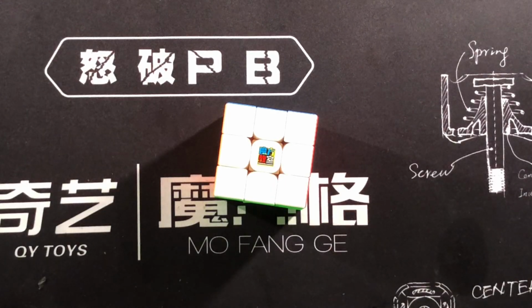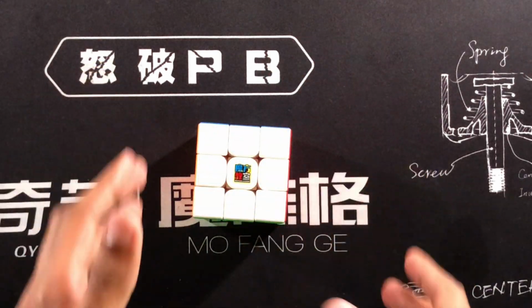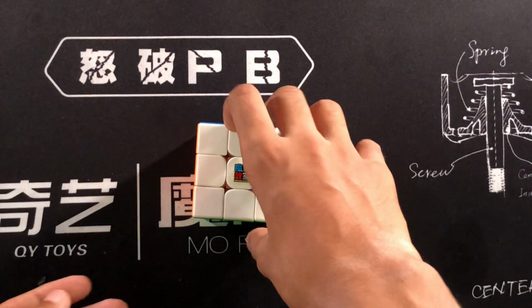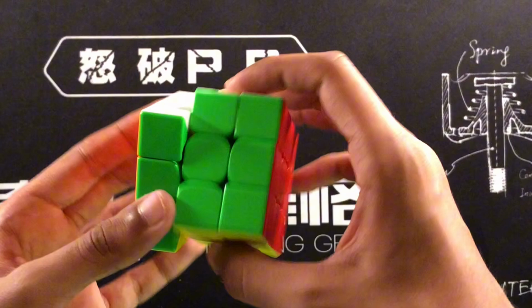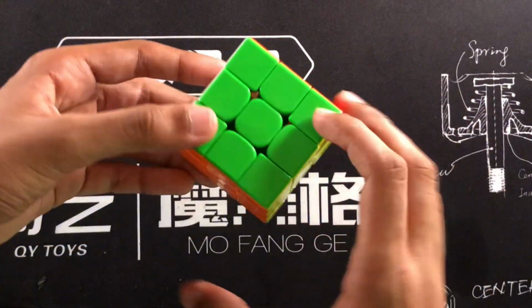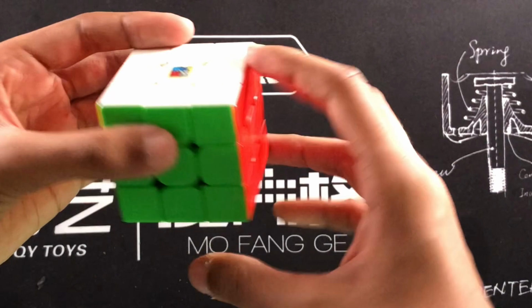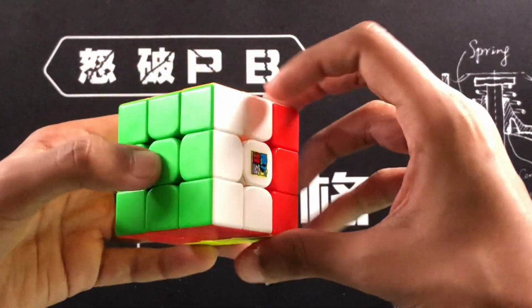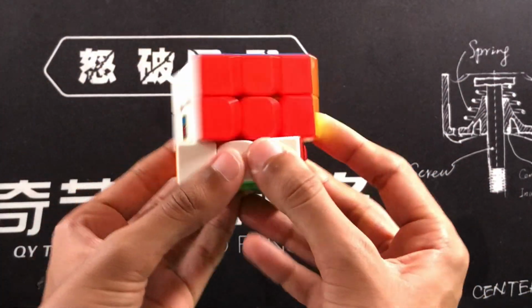Now let's move on to the lowercase letters, which are also known as wide or fat moves. So if you see a lowercase letter like a small r, that just means to turn the right layer along with the middle layer. If you see something like a small d, that would mean to turn it like this. If you see something like a small f, that would mean to turn it like this. If you see something like a small b, that would mean to turn it like this.